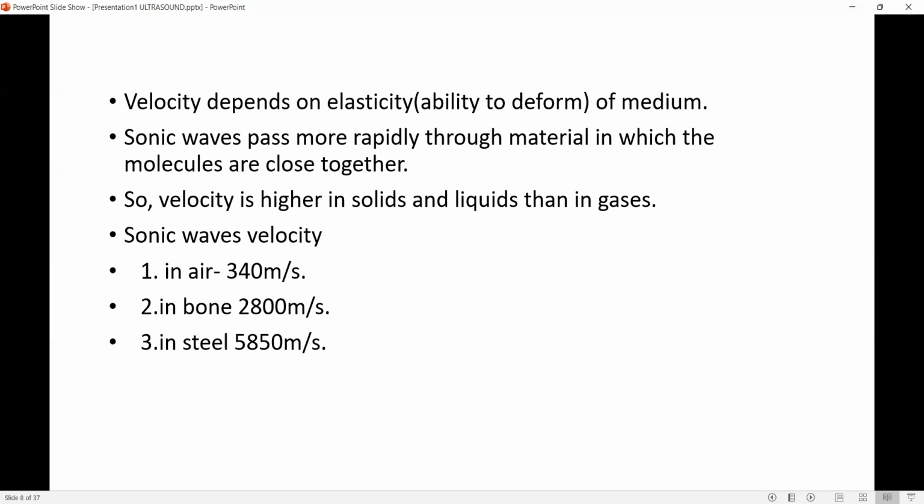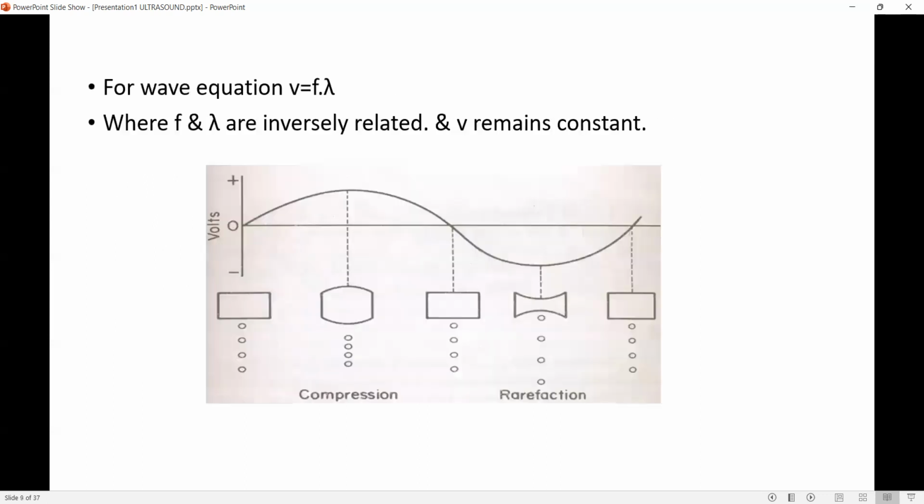Sonic wave velocity in air is 340 m/s, in bone 2800 m/s, in steel 5850 m/s. For the wave equation, v = fλ, where f and λ are inversely related and v remains constant.